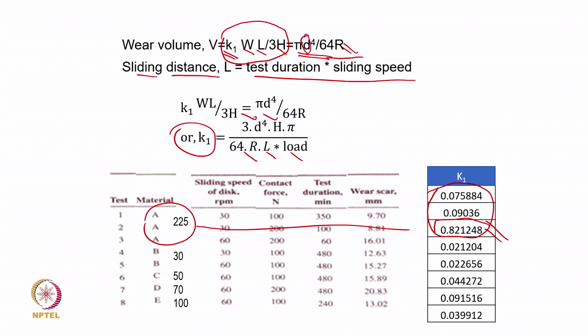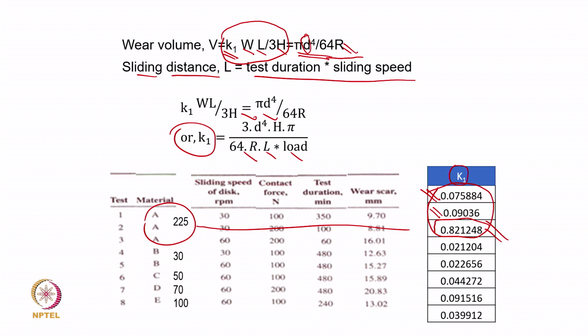That means as the condition changes, the value of K1 changes, it does not remain the same for the material. So, for material A, case 1 we find 0.075, for case 2 0.09, and for case 3 0.82, which is one of the worst. The worst case, that means the third number should not be used at all.